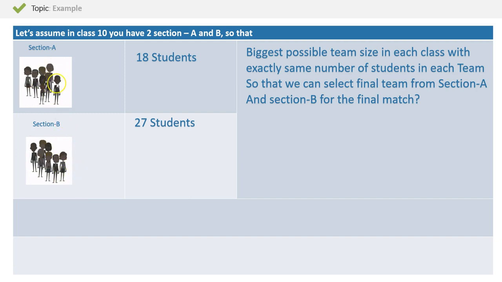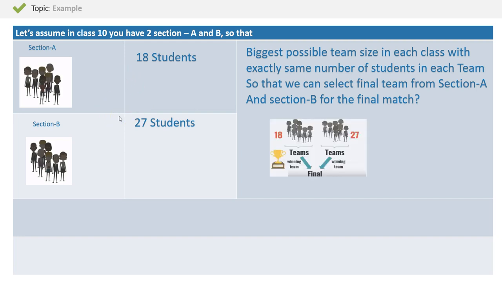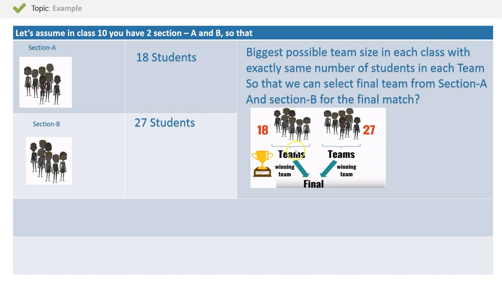Whoever is the winner in section A and whoever becomes the winner in section B will then finally fight for the final match and become the winner. So here is an example, right? If you try to visualize this in a picture, you had section A with 18 and you need a winning team from section A. You had section B with 27 students and you need a winning team for them to play in the final match.